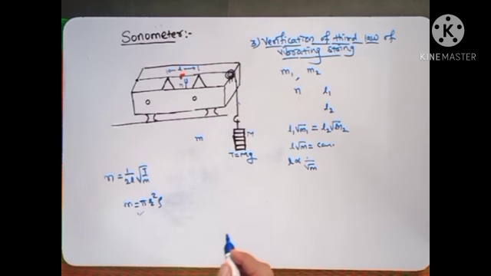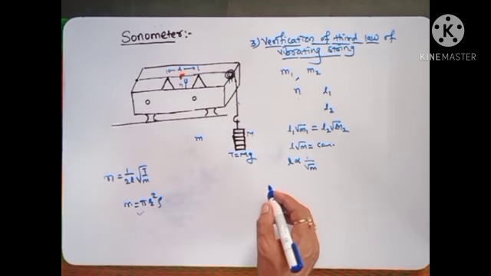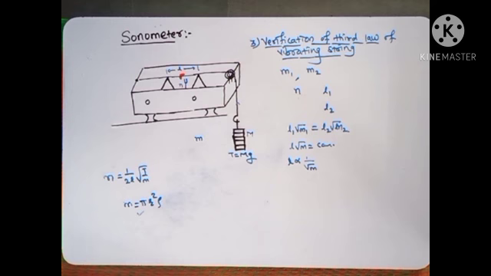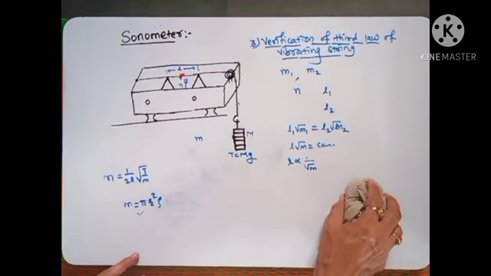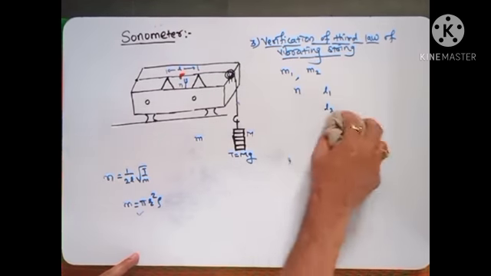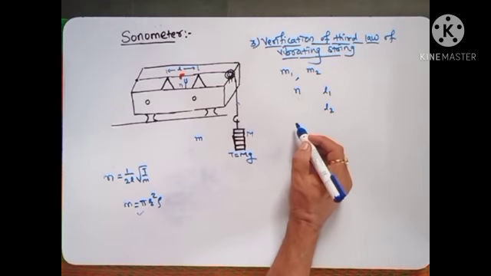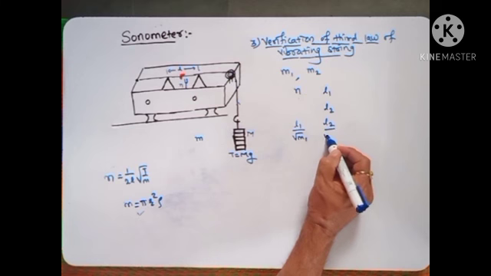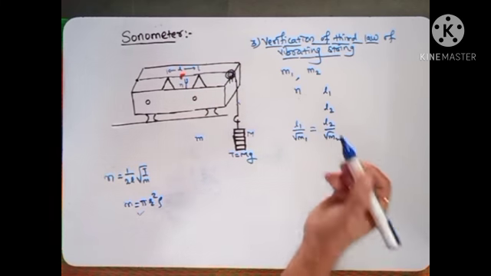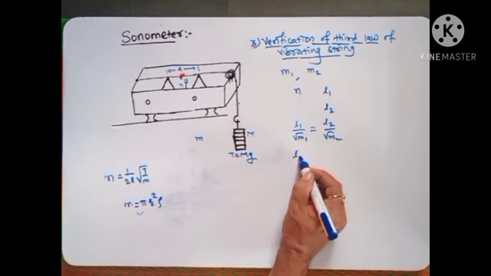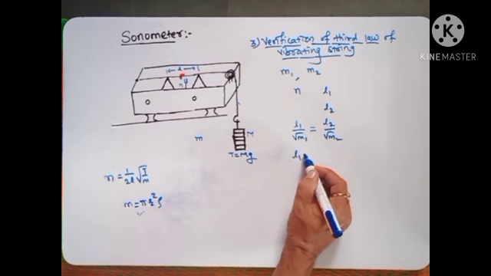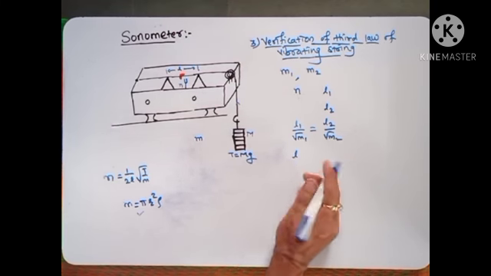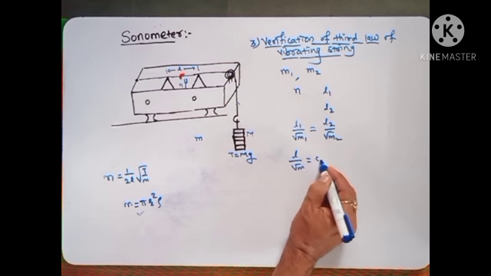Then here you see, we consider another way. We get here L1 upon root m1, we take this ratio L2 upon root m2. Then this ratio comes out to be constant, and therefore L upon root m comes out to be constant.